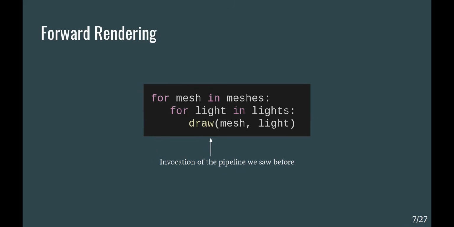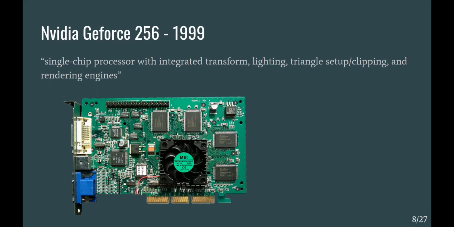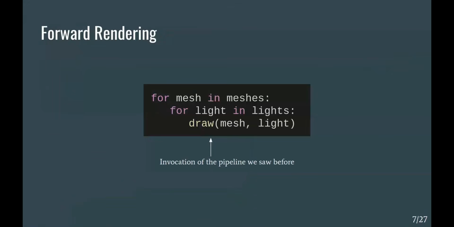But suddenly, in 1999, the first GPU came out, the Nvidia GeForce 256. It was so much more powerful than the CPU renderers that the expensive pre-processing we were doing on the scenes to minimize unnecessary work was actually more expensive than simply pushing all of the mesh-light pairs onto the GPU to be computed.